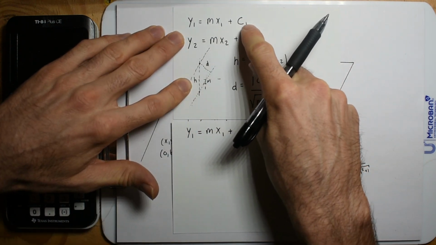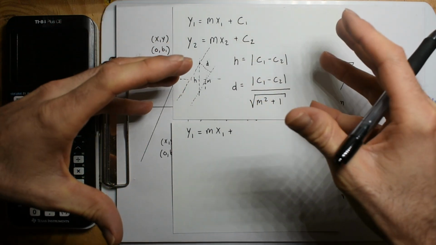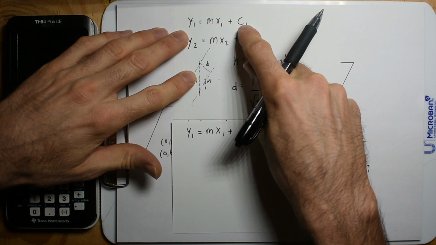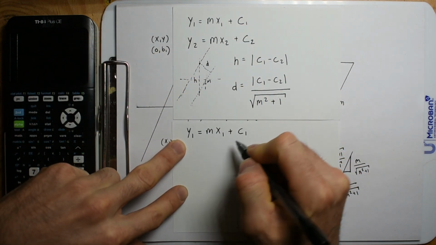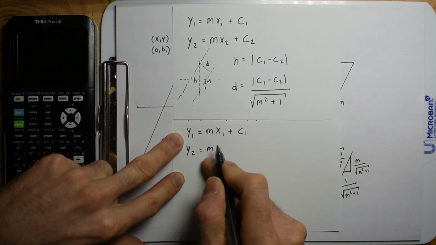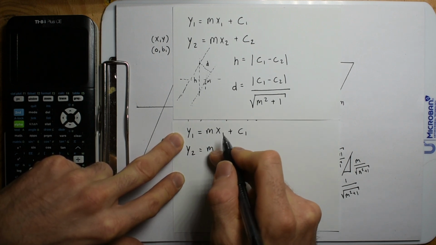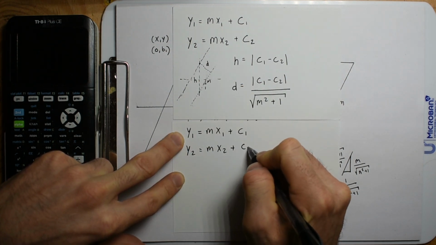In a lot of texts, because you use linear equations in matrix form, you're going to have this constant instead of b, a c1. So y2 is equal to the same slope, because we're trying to find the distance between two parallel lines, times x2 plus c2.